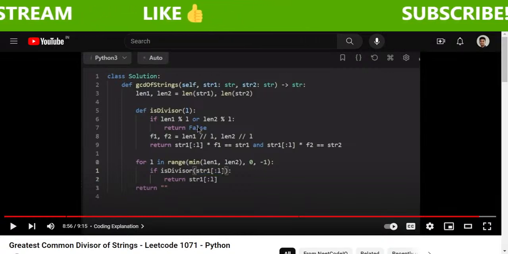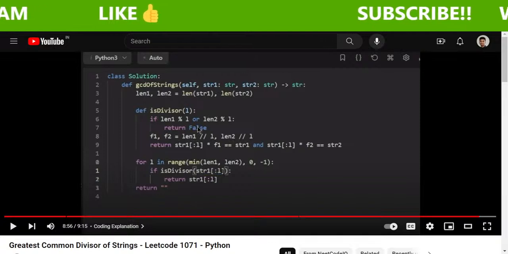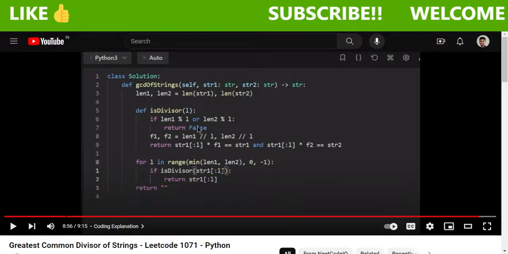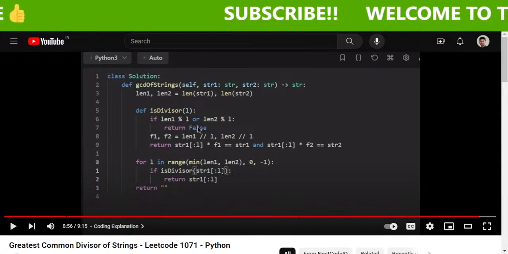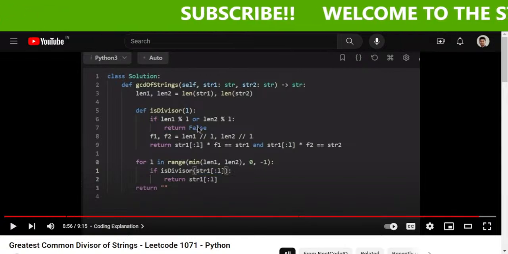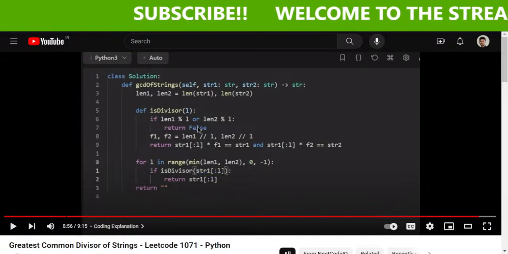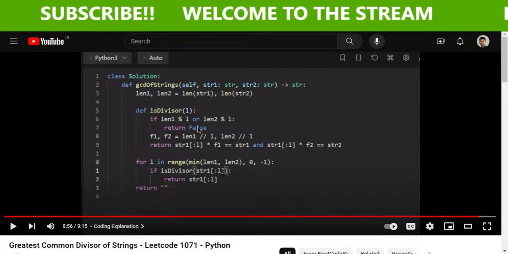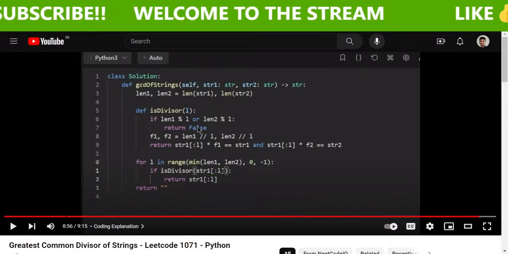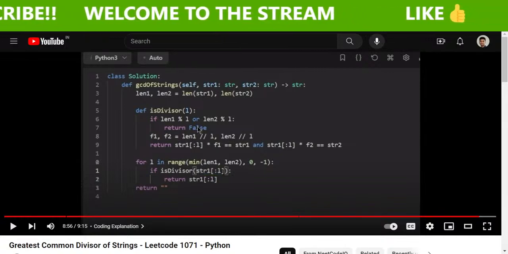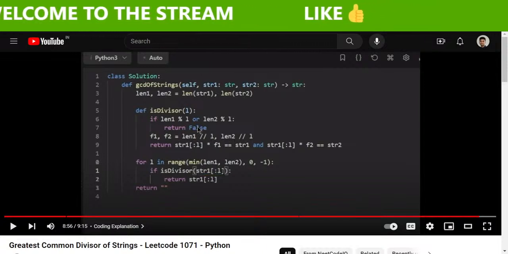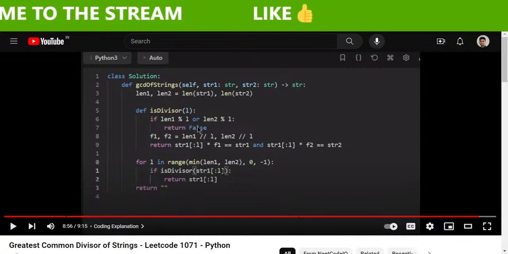Now what is that? Return false. I guess the remainder should be 0. If something gets left over, then the value will not be 0.